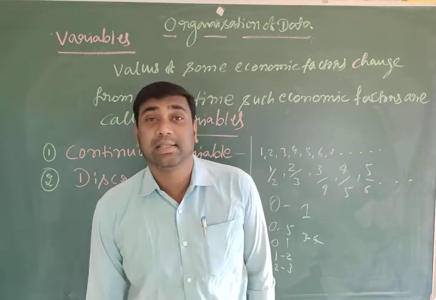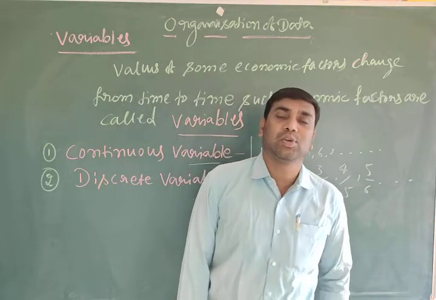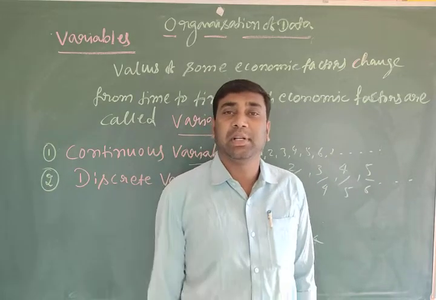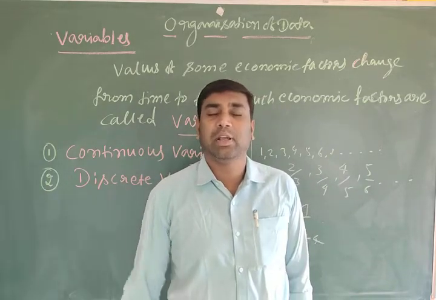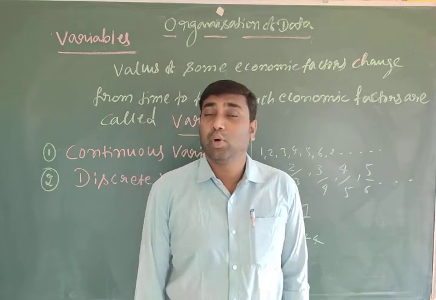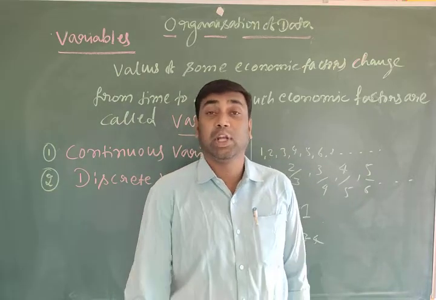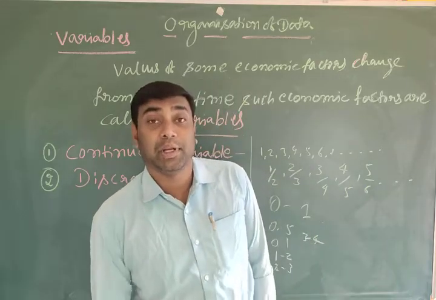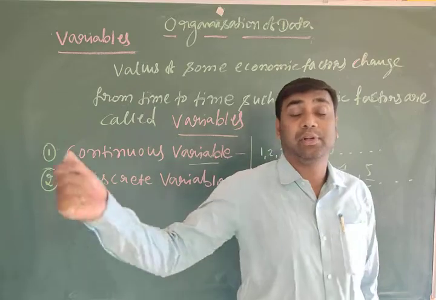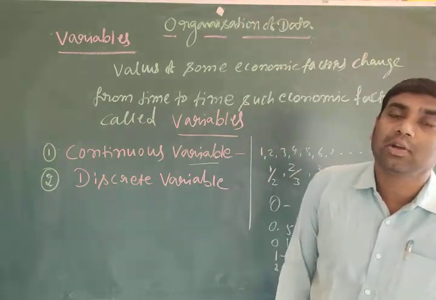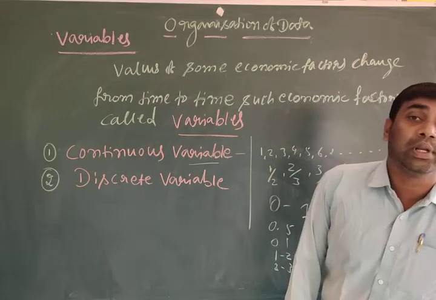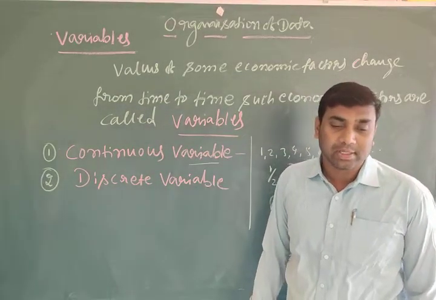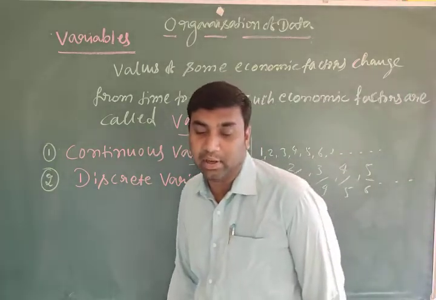Even distance and time: 1 hour 30 minutes, 1 hour 45 minutes, 2 hours. Distance of 1 kilometer, 1.5 kilometers, 3.5 kilometers, 10.5 kilometers. We can express any such value, and that is called a continuous variable.